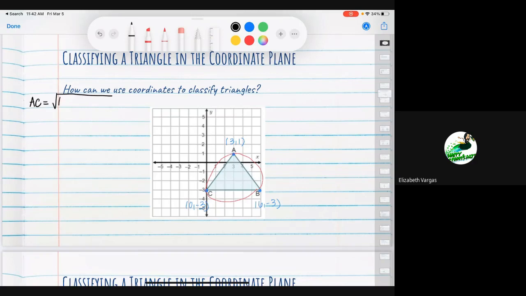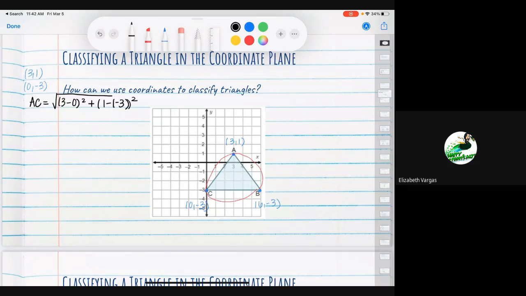And so therefore, I'll have (3 minus 0) squared plus (-1 minus -3) squared. Basically I took these coordinate points: 3 and -1 for A, and C, which was 0 and -3, and I plugged those into the distance formula, which we just looked at.